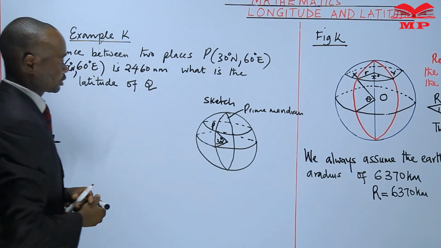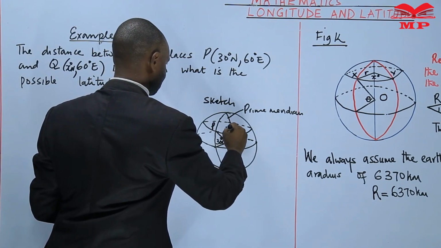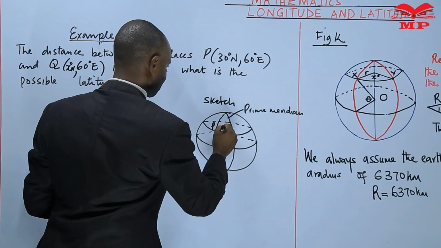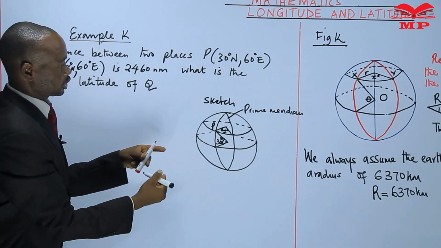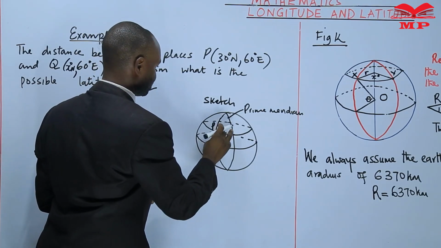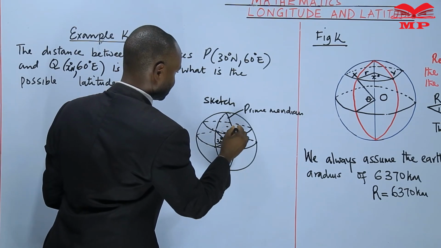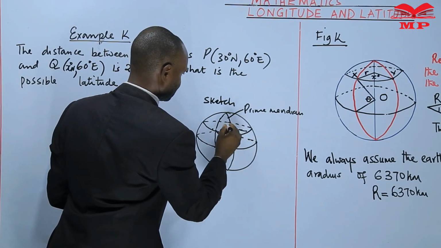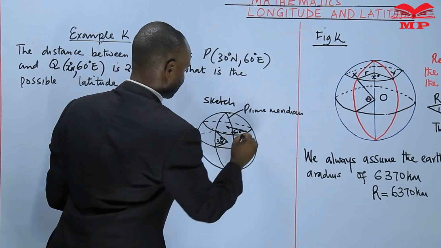Point P. So if we have a center of the earth, this will be given by 60 degrees. It is 60 degrees east of the Greenwich Prime Meridian, so P will be here.